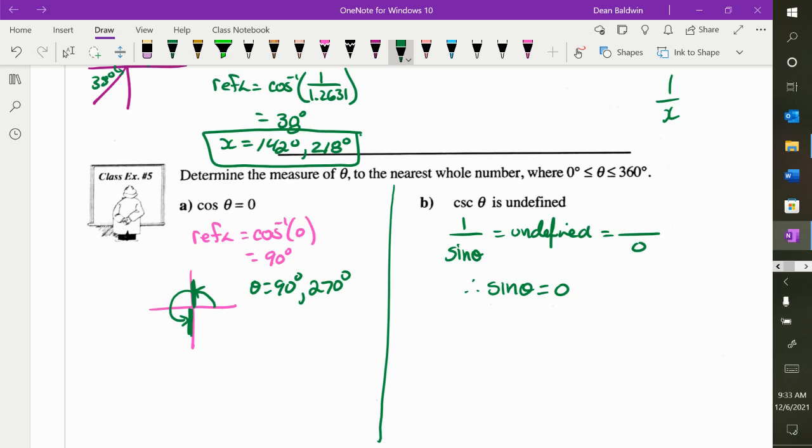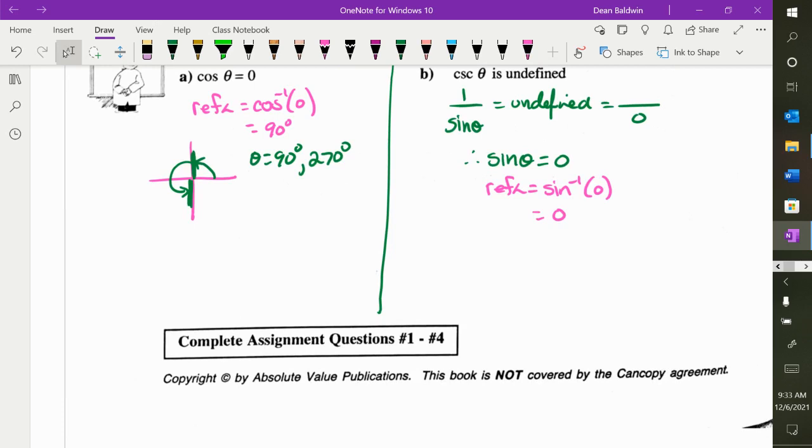So what do I do right away? Find your reference angle. It is 0. There's a lot of zeros here. This makes more sense when we learn the graphs and you can see a visual of this. But we haven't learned the graphs yet, so we learn them in a few days. So we get sine inverse, the reference angle is 0.